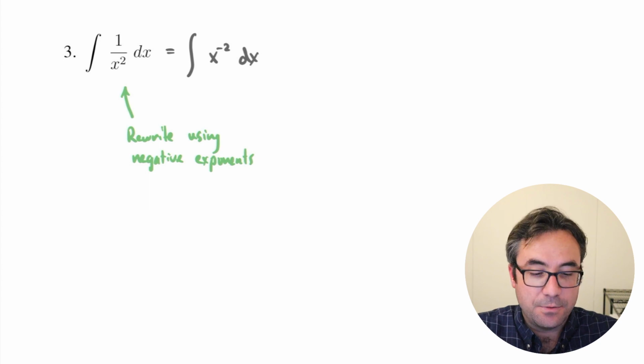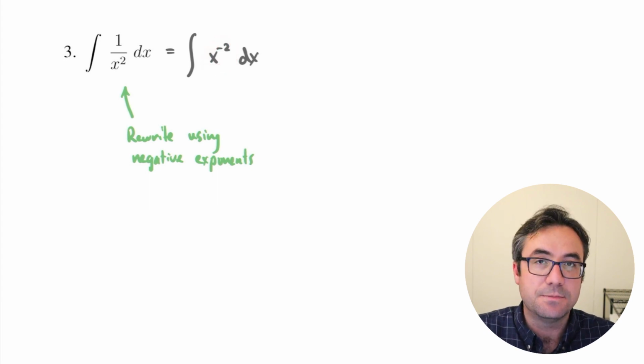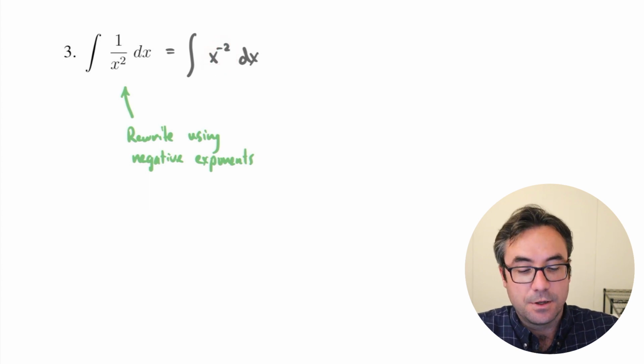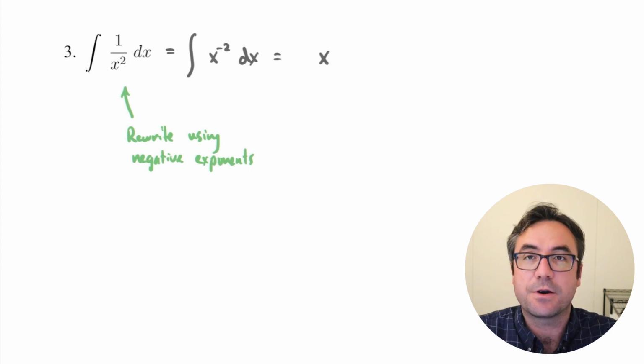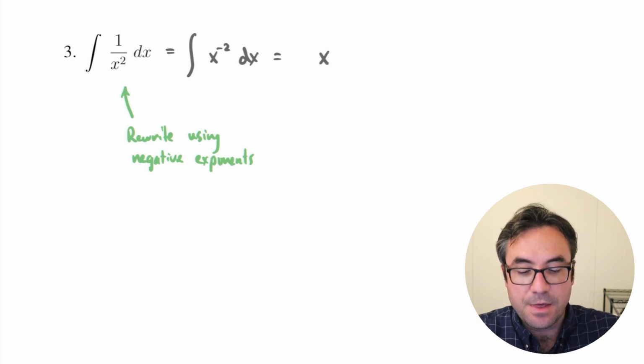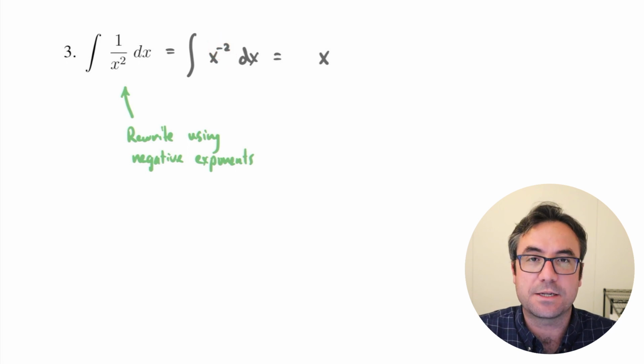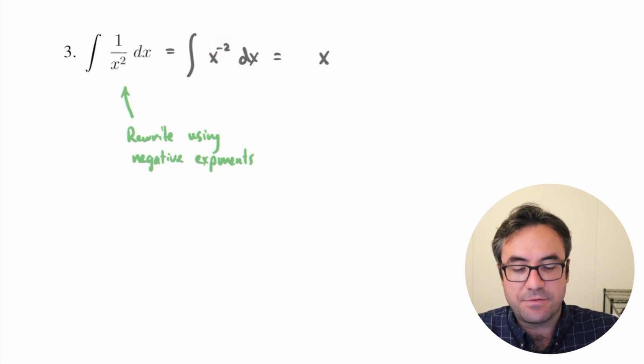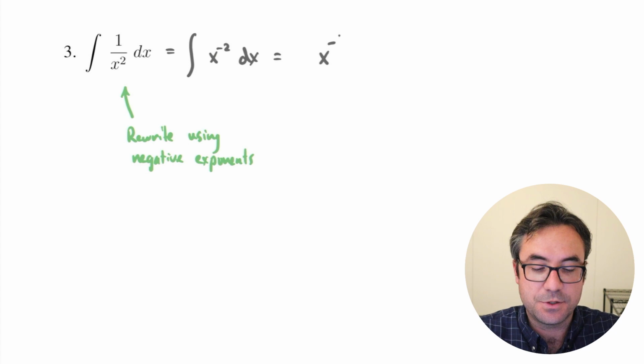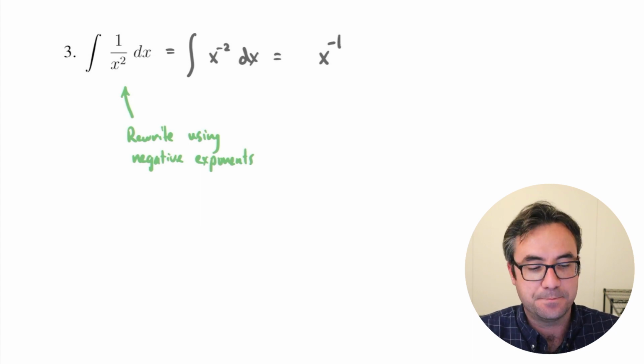All right, so now this is a power function. Power rule is going to work. The first step is we keep our variable the same. Then we add 1 to this old exponent. So we're going to have -2 plus 1, which gives us -1.